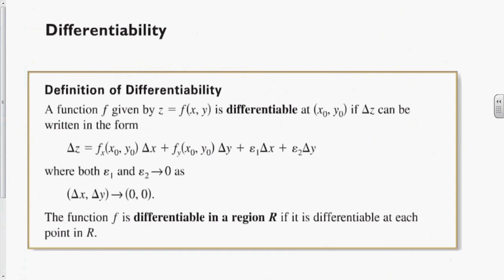When that happens, all you end up with is the increment equaling the total differential. Right? Isn't the first part, without the epsilon sub 1, epsilon sub 2, the formula for the total differential? Yeah, it is.